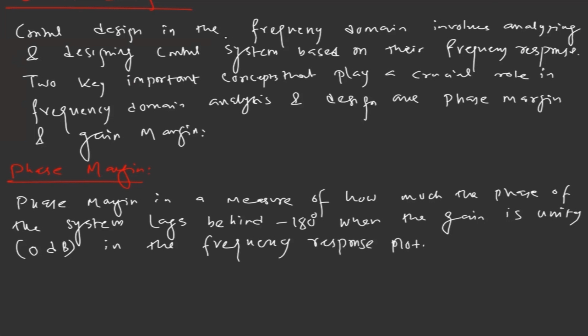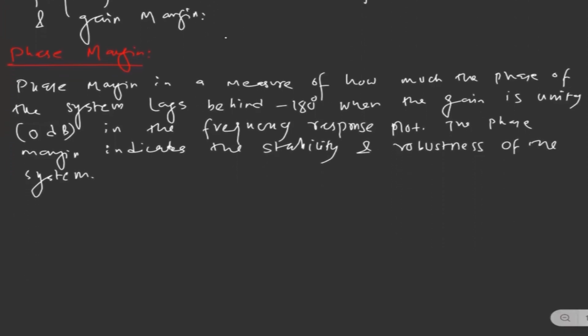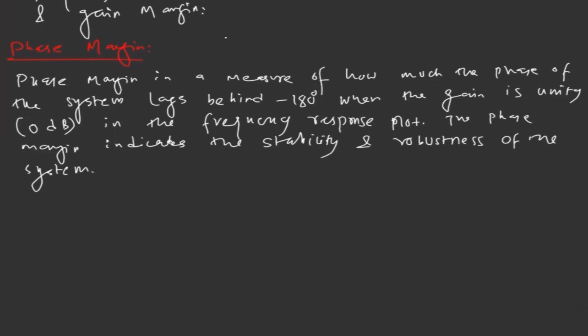The phase margin indicates the stability and robustness of the system. How we can interpret phase margin? Let me write interpretation.